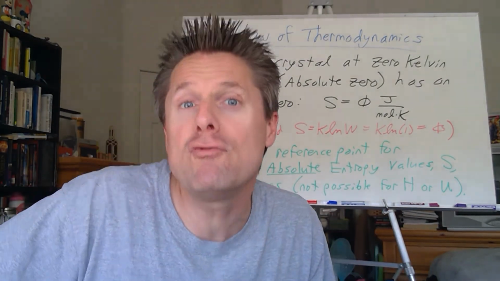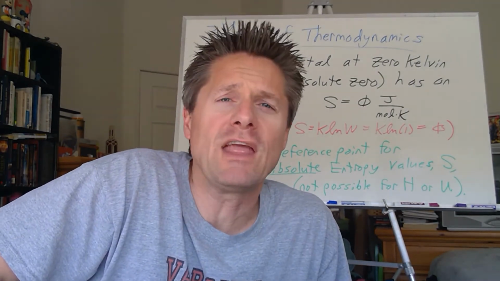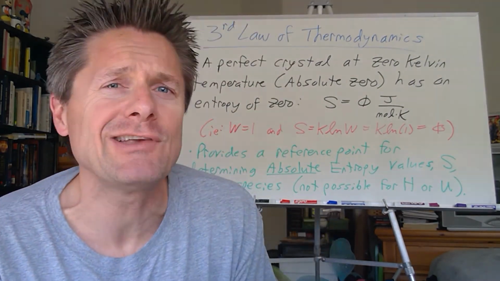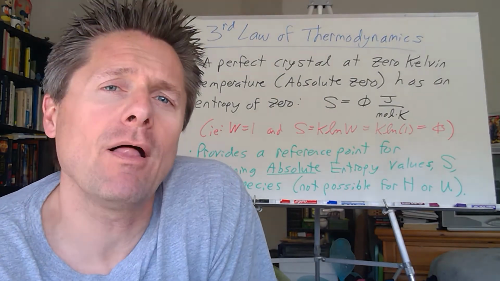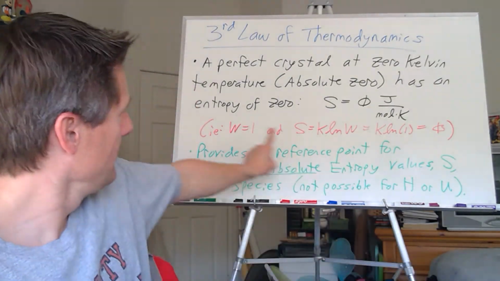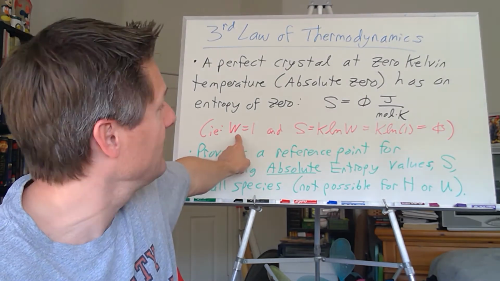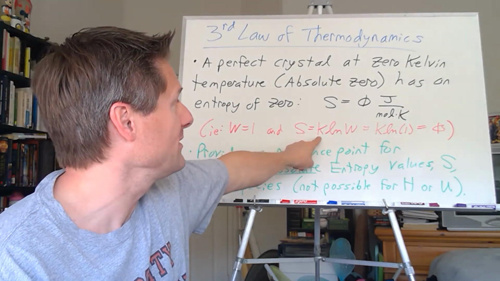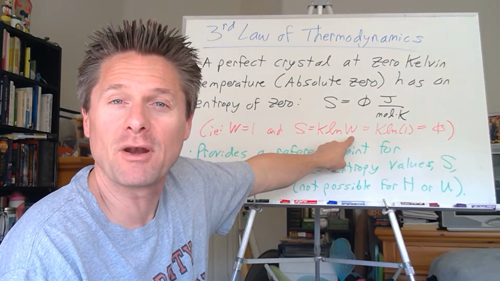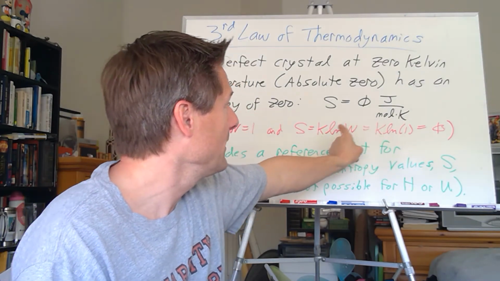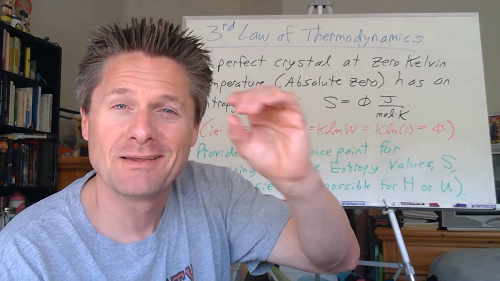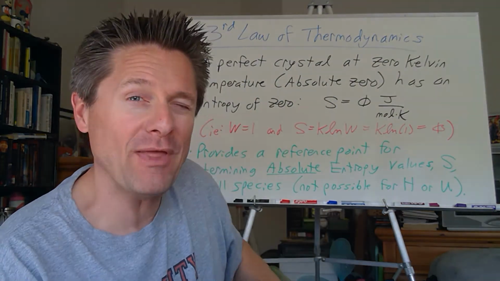If nothing's moving, there's no vibrations, no rotations, no translational motion, nothing at 0 Kelvin, that's 1 microstate. Remember Boltzmann's equation? If the number of microstates equals 1, then the entropy is Boltzmann's constant times the natural log of the number of microstates. But remember, the log of 1 is 0. Boom! Thank you, Boltzmann.